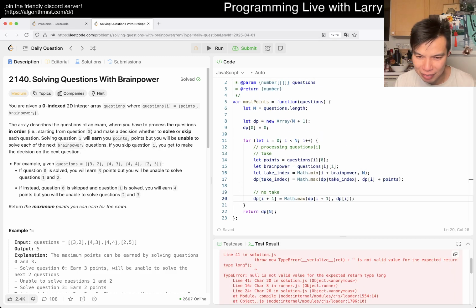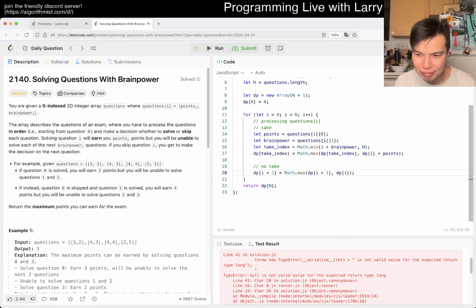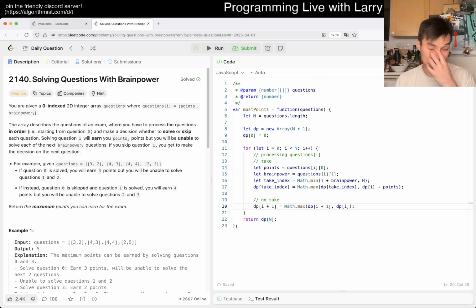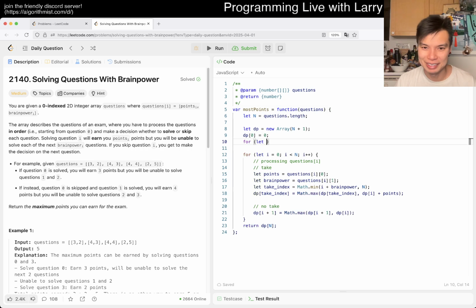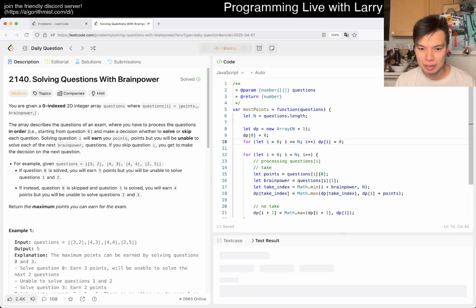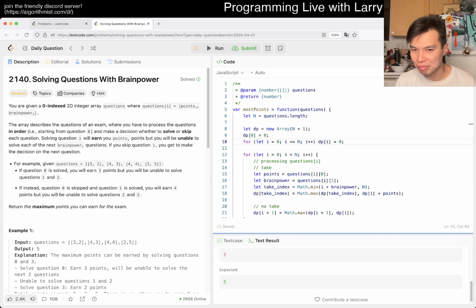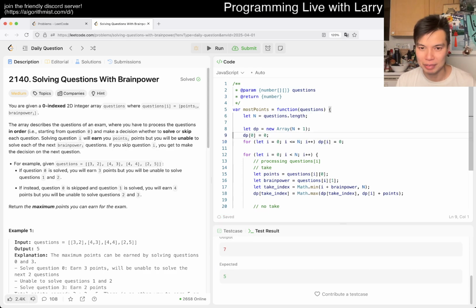We don't have a line 41. Do I have to initialize the array? Oops. Okay. So that was it, I suppose. We don't need this.